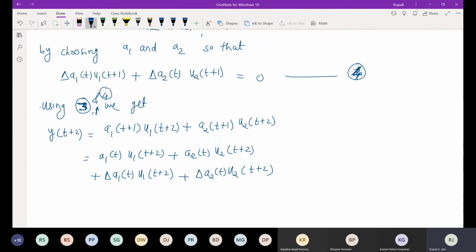Is that okay? These two terms will get cancelled and we will remain like this only.